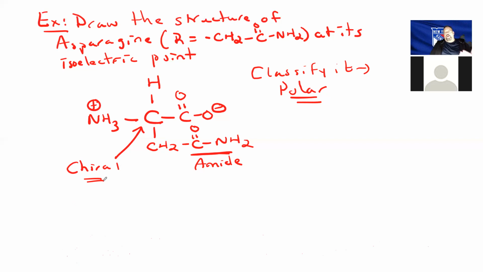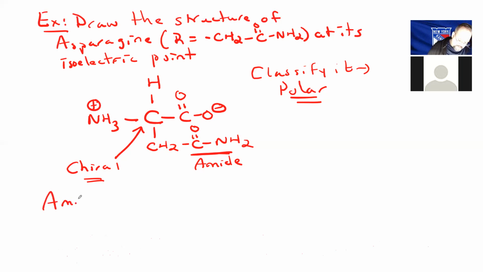But for all of the other 19 amino acids, the central carbon is chiral. And as you know, for our purposes, if you identify a chiral carbon, that means that the compound is chiral. And remember, what does that mean? That means that not only do you have the version that you're looking at, but there's also a non-superimposable mirror image that also exists as well. And what's the relationship between those two structures? They would be enantiomers of each other.